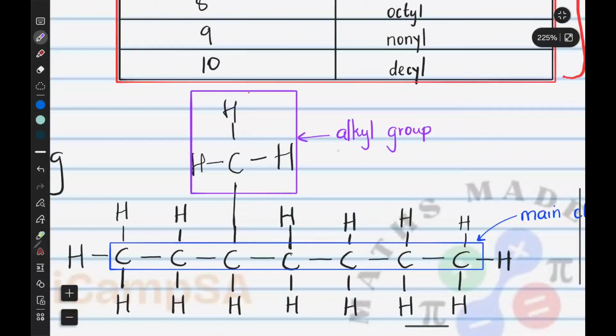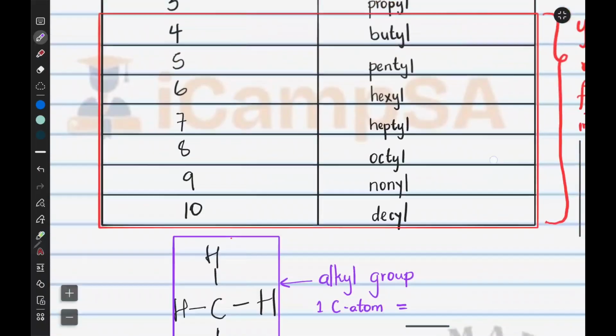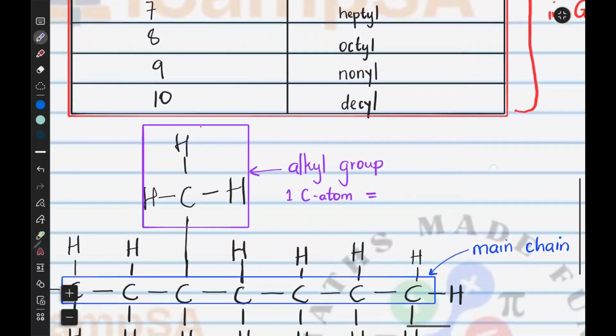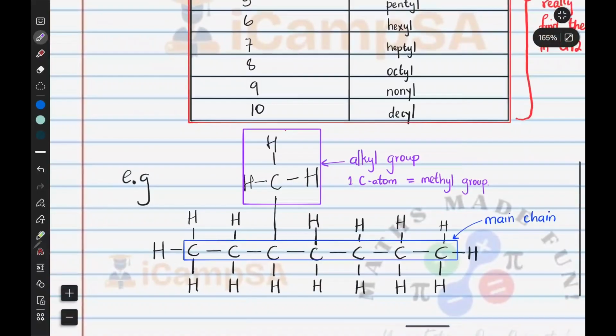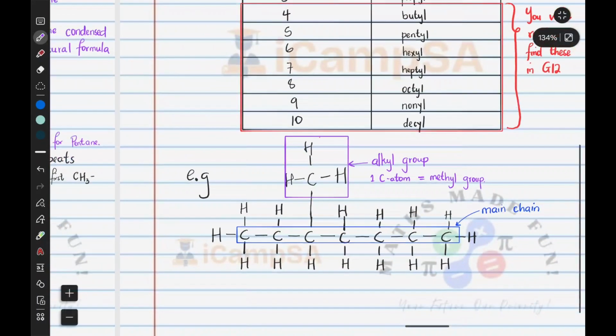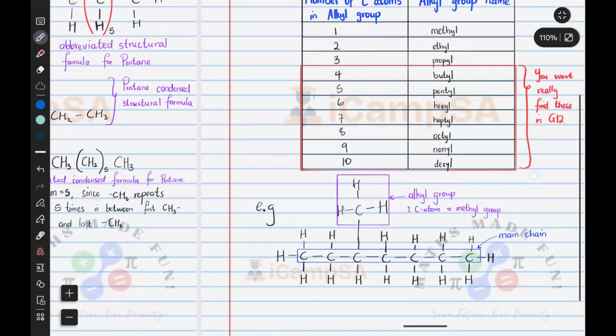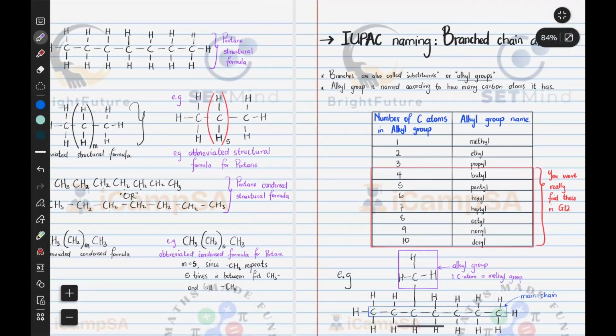So since it has one C atom or carbon atom, it will therefore be a methyl group. So that's how you would identify, as an example, these types of substituents or branches.